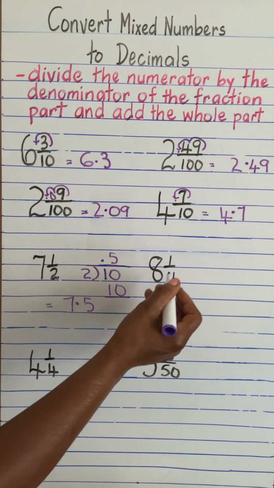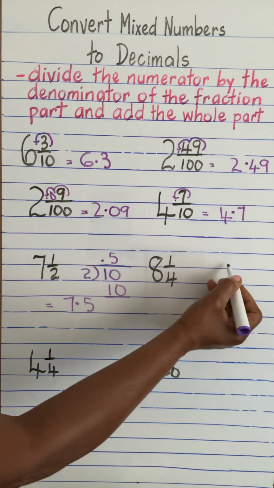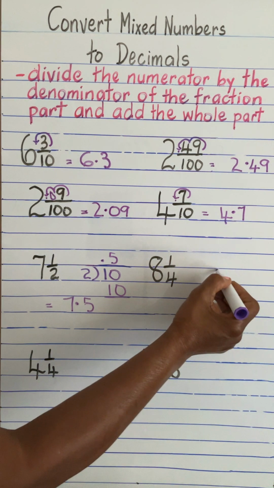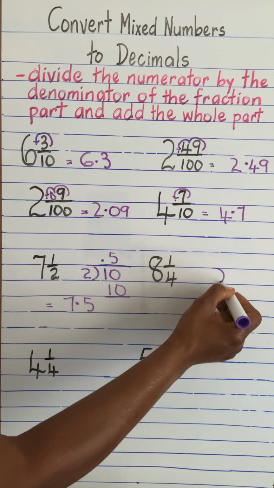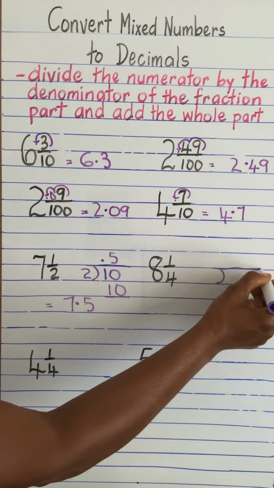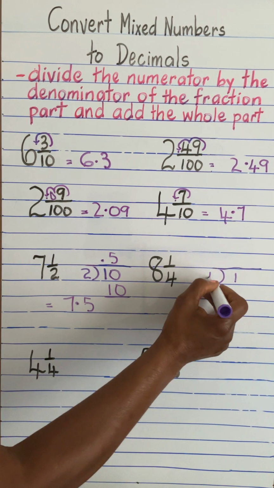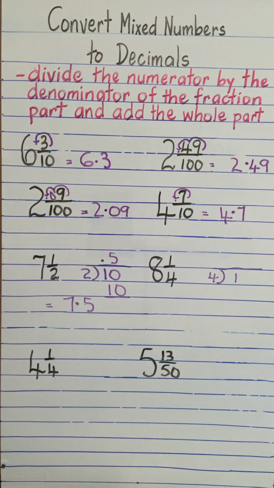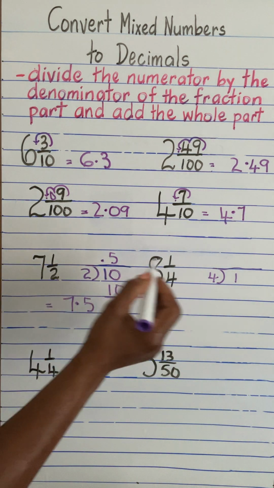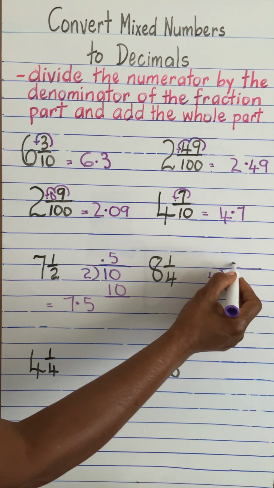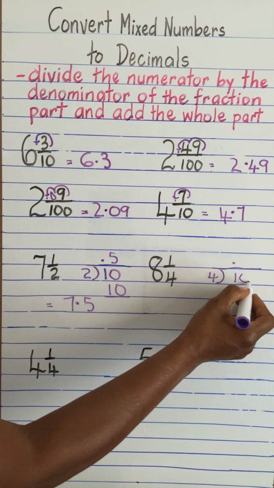Next, 8 and 1/4. We're going to divide the numerator by the denominator. 4 into 1. How many times can 4 go into 1? No time. Put a point and add a 0.